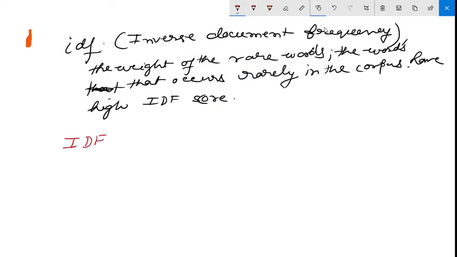On the previous page, I wrote it, you didn't. I'll show it again. First write it down. IDF of t, the inverse document frequency of term t. How to calculate?